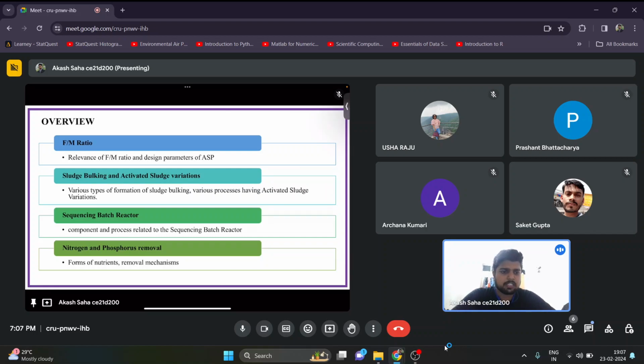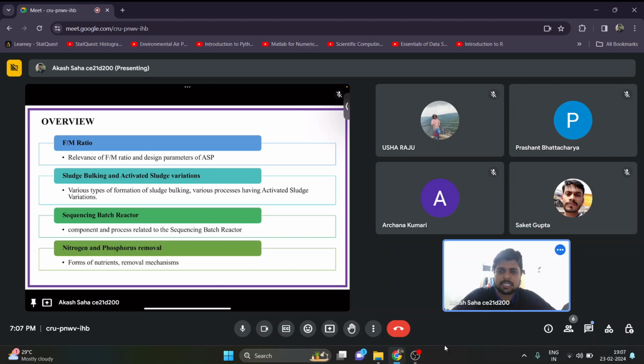So we have the step aeration method and other processes where we fine tune some of the parameters, and we try to increase the efficiency of the activated sludge processes. Then we have also seen the sequencing batch reactor, which is another variation of the activated sludge process, where we learned about the various components and processes related to it.